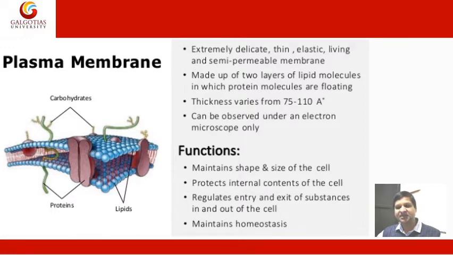Thickness varies from 75 to 100. It can be observed under an electron microscope. Function: it maintains the shape and size of the cell, protects the internal content of the cell, and regulates entry and exit of substances in and out of the cell. It maintains homeostasis.